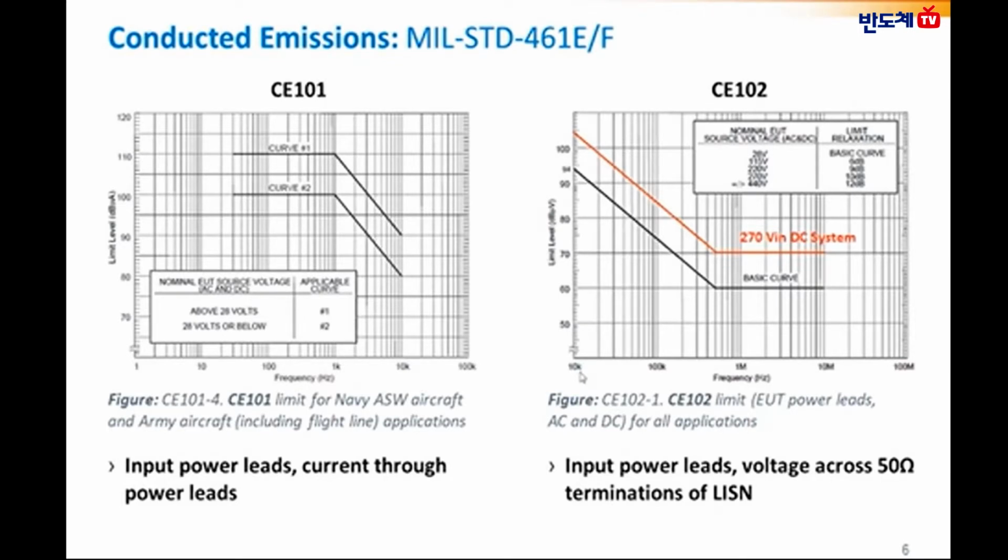From this slide, I would like to discuss more on very common conducted emission tests, such as CE101, as per MIL-STD-461E or F. The figure on the left shows the conducted emissions plot for CE101, and the emissions are plotted on a frequency versus limit level dB microamps scale, and the emissions are recorded on the input power leads as a measure of current through the power leads over a frequency range of 30 Hz to 10 kilohertz.